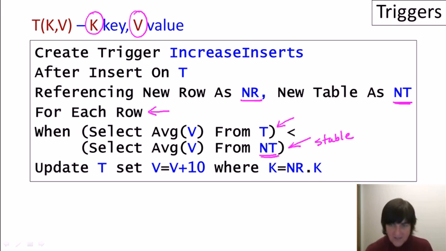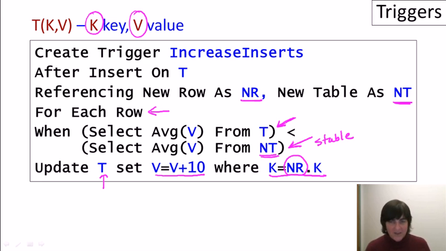NT is always set to the set of inserted tuples. So we check whether T's average is less than the NT average, and if it is, then we're going to modify the tuple that was inserted. So we're going to update T, and we're going to set the value to be V plus 10 for the tuple that we're currently processing, in other words, the tuple whose key is in new row.